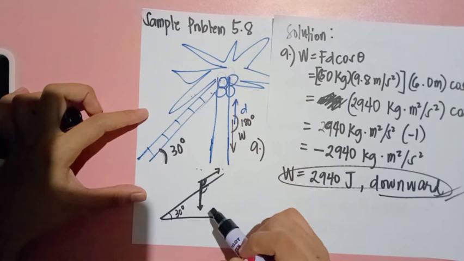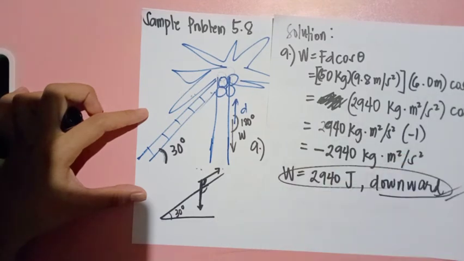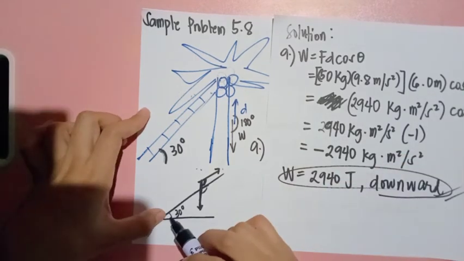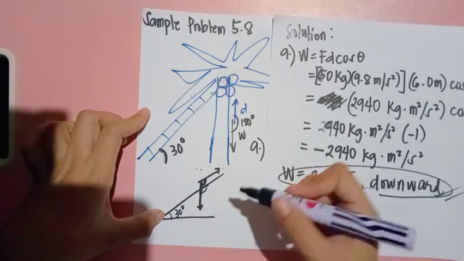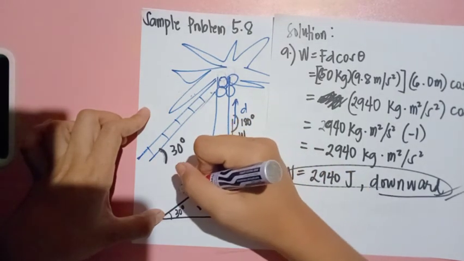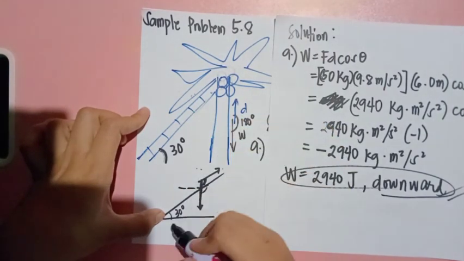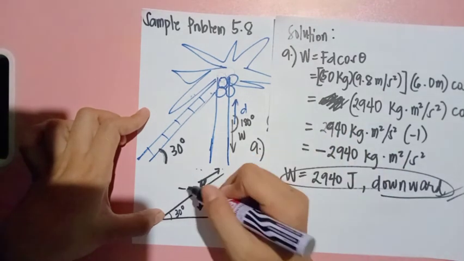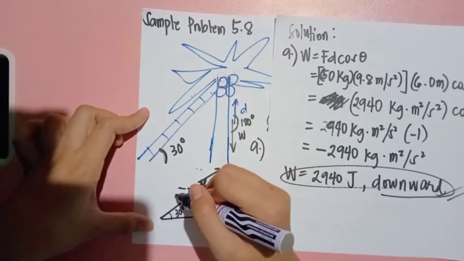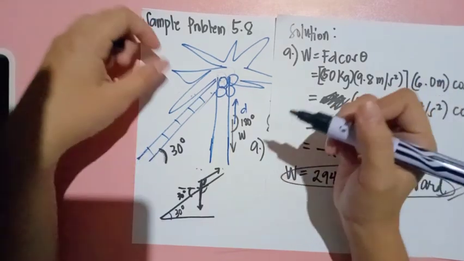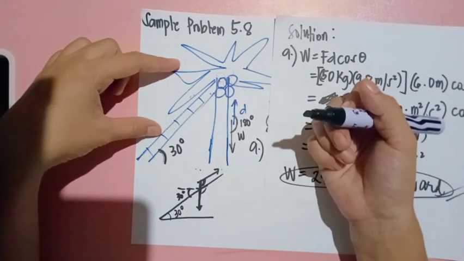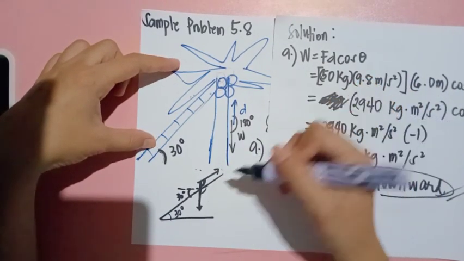Since this one is 30 degrees, we can tell that its opposite or alternate angle is also 30 degrees, since these are equal.